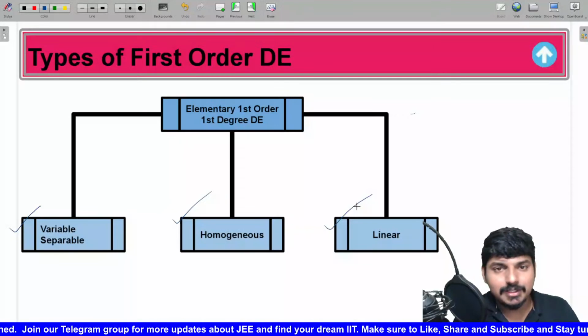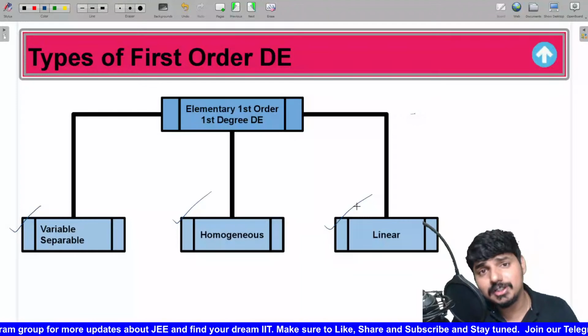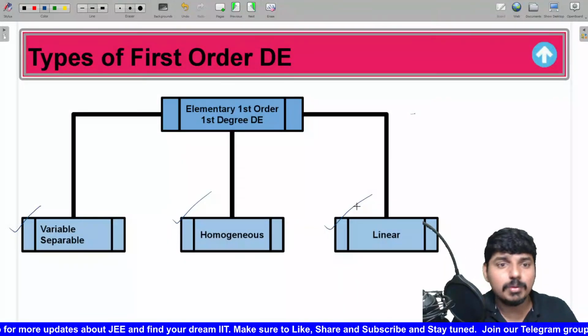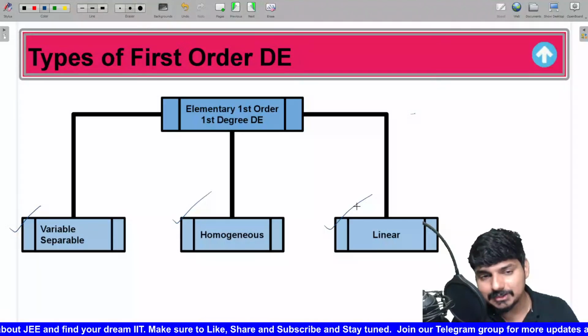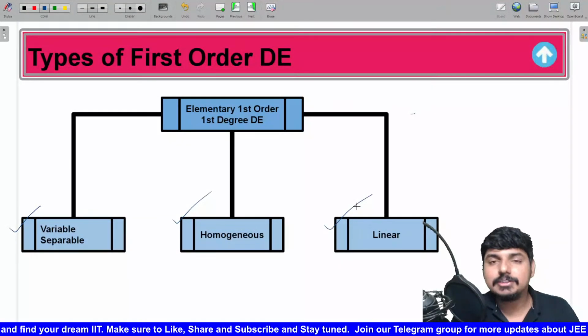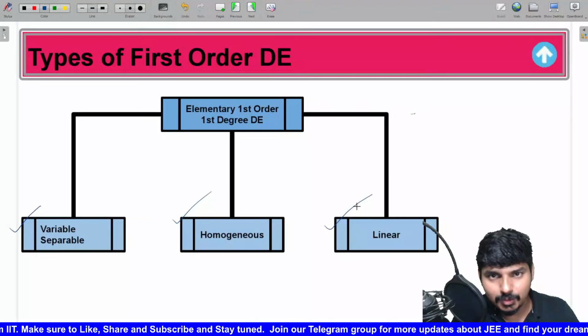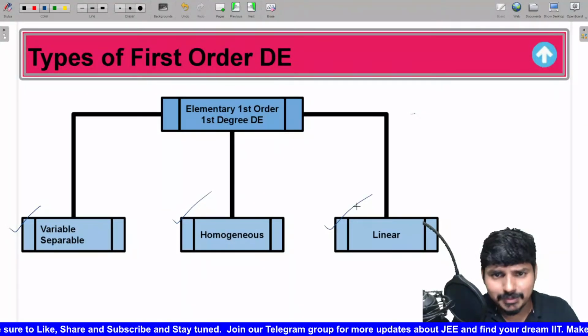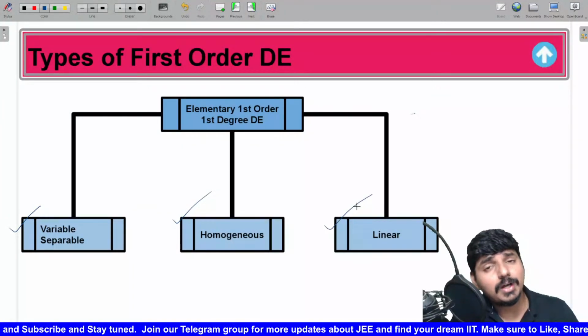I'll explain in a detailed way what the variable separable method is, what the homogeneous equation method is, and what the linear differential equation method is. We'll revise it in a very detailed way. Today, let me discuss only the variable separable method. It's going to be a very simple method, guys. I'll explain what the variable separable method is and how to apply it.